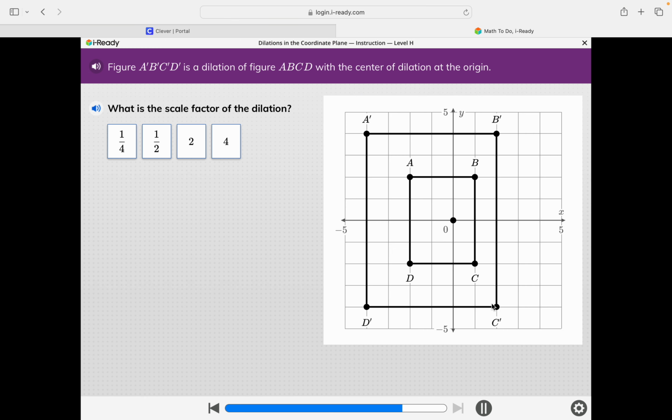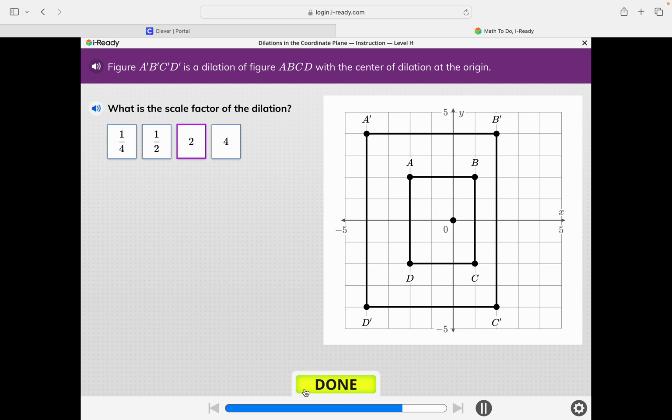How to make 1 equal to 2? You have to times by 2. 1 times 2 equal to 2. Now let's make -2 into -4. Times by 2. 2 times -2 equal to -4. 2 is the answer.